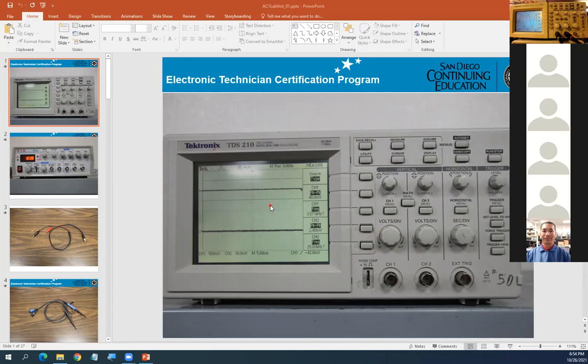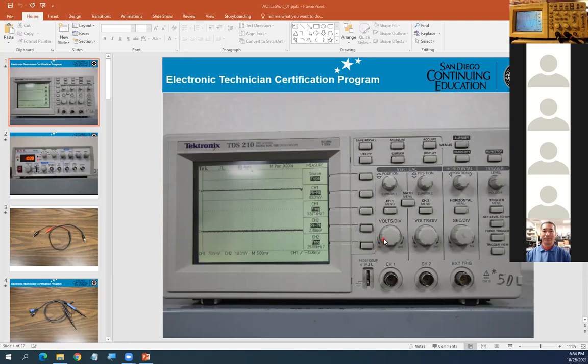If you set it by 1, that's why they gave you a 10. You want to set the scope probe by 10 and your scope also by 10. What does that mean? Now each division is equivalent to 10 times.